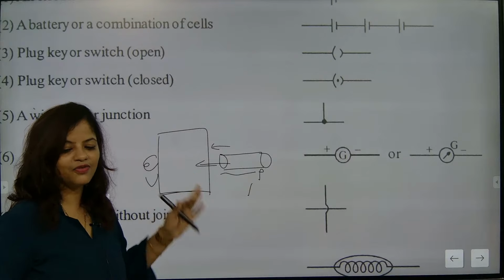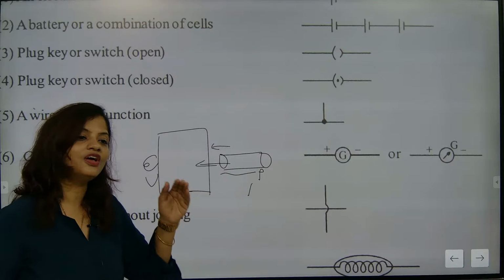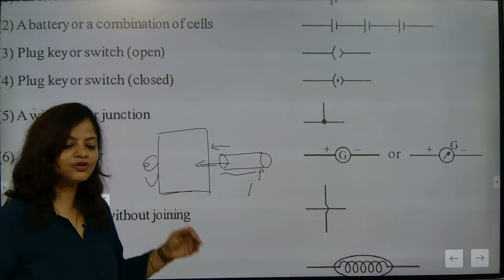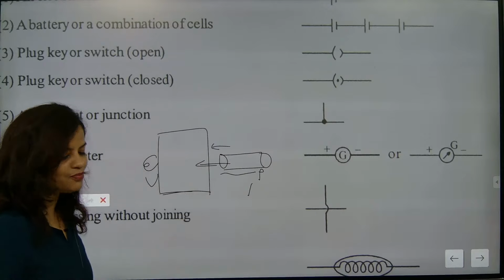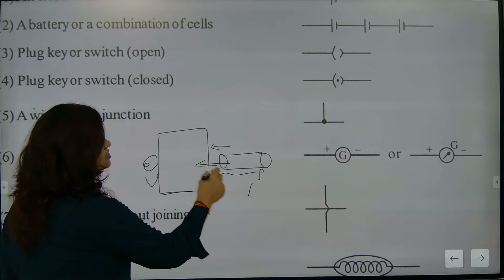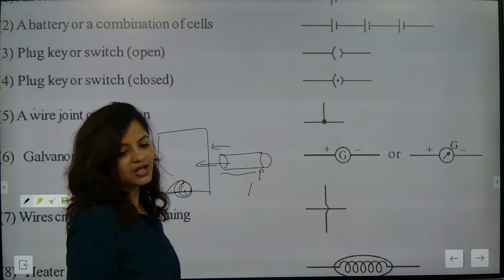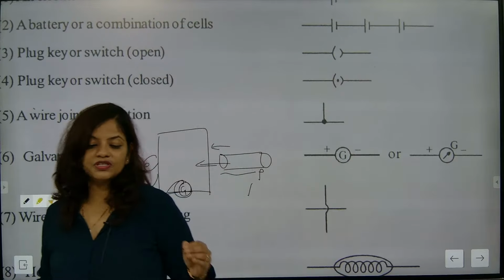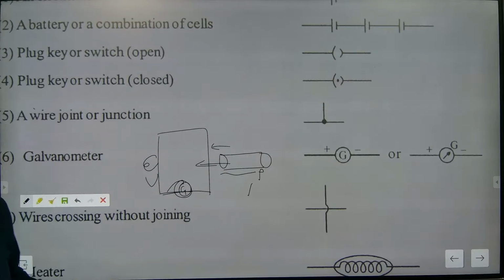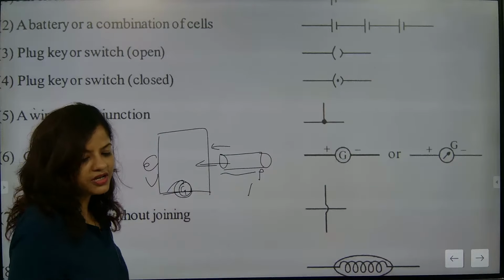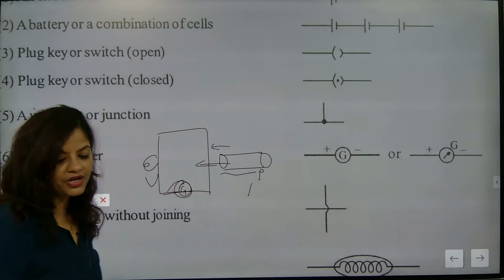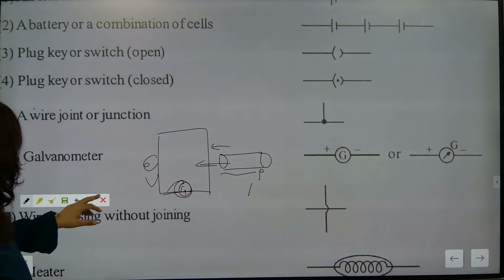The current started flowing in the circuit because of the motion of the magnet. This is called induced current. Here the galvanometer is there. The work of the galvanometer is to precisely check the induced current. Only the galvanometer is used for this.